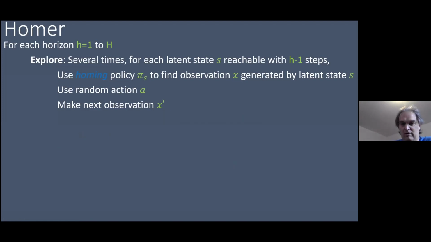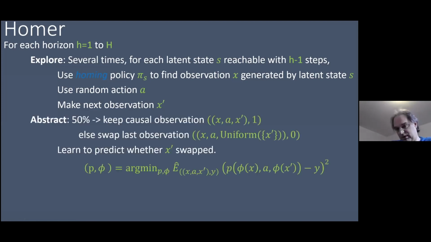Now we need to do state abstraction. So how are we going to do state abstraction? Well, we're going to create a regression problem, which is essentially trying to predict whether or not a sequence of x, a, and x prime is causal or acausal.